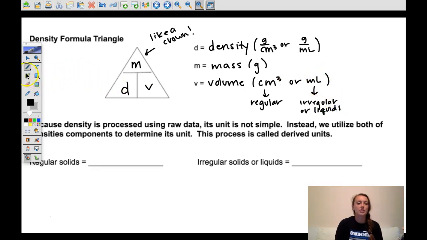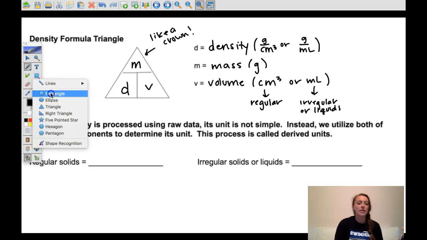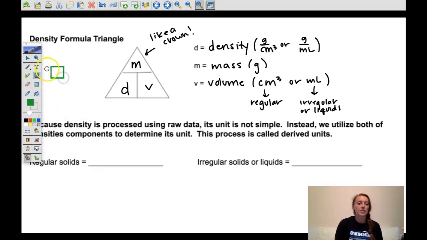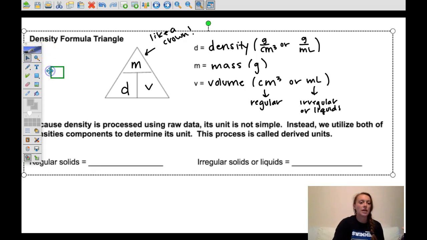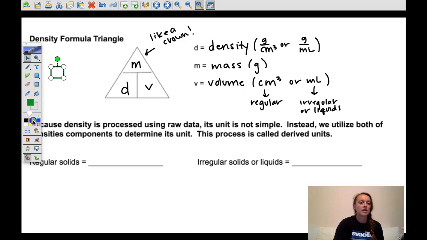And here's how you use this triangle. If we need to calculate something, we can use our thumb, and in this case, this rectangle, to cover up what we're trying to solve. So if a problem is asking to solve for density, we can cover up density with our thumb, and we're left with M over V, which means we're going to do mass divided by volume.